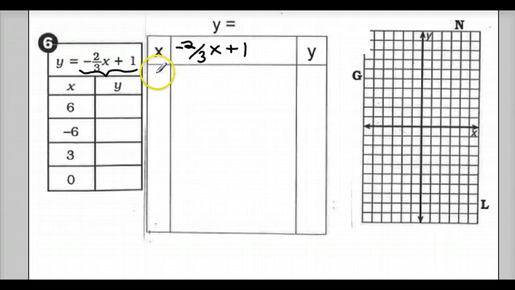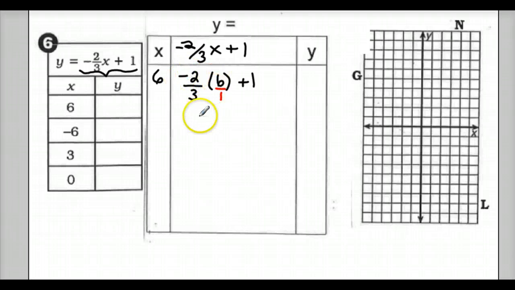So our first x value is 6. We substitute 6 in for x. So negative 2 over 3 times 6 plus 1. And again, I'm going to show my work in red. So remember how we multiply fractions: we look at this as 6 over 1, and we just multiply straight across.